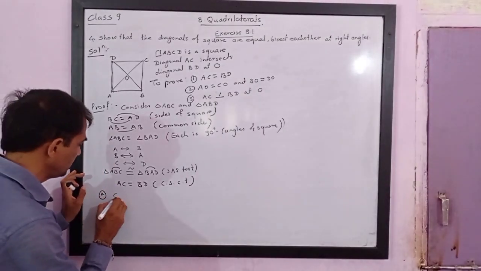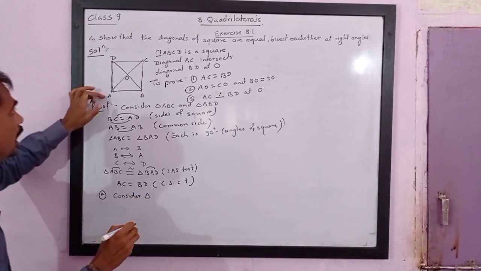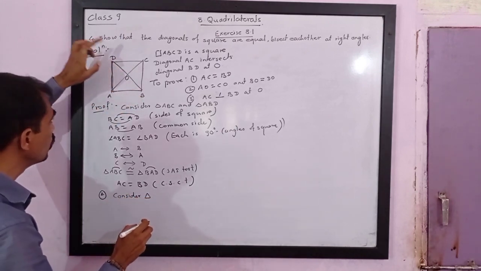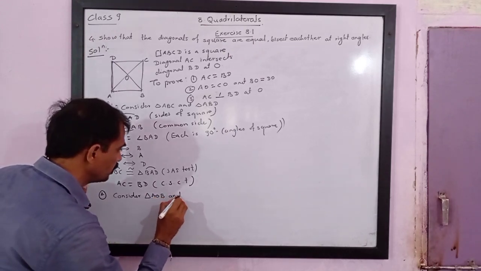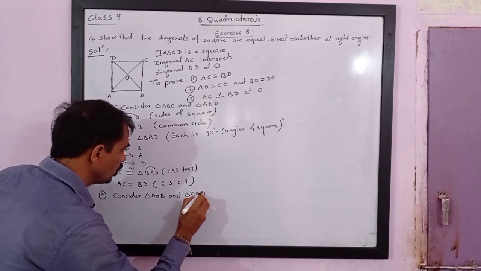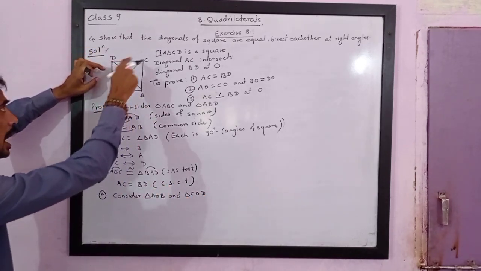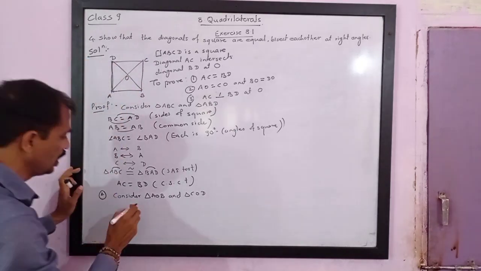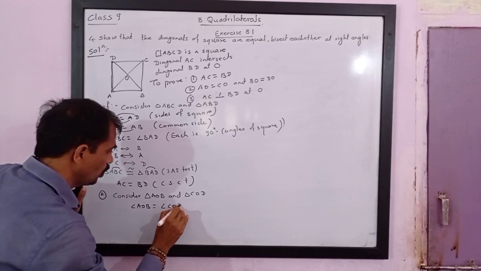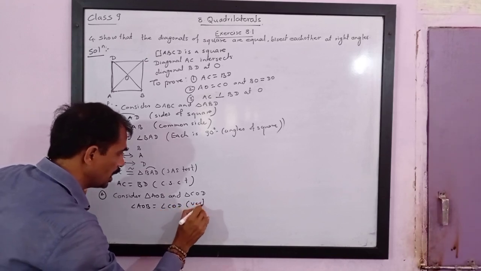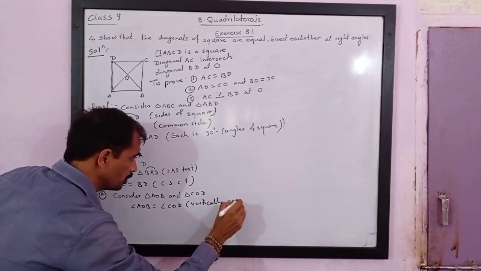Consider triangle AOB and triangle COD. Now angle AOB and angle COD are equal. Angle AOB equals angle COD. Reason is they are vertically opposite angles.